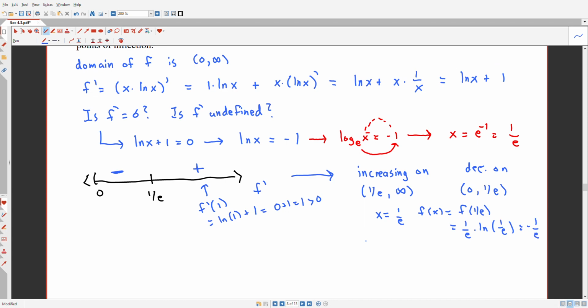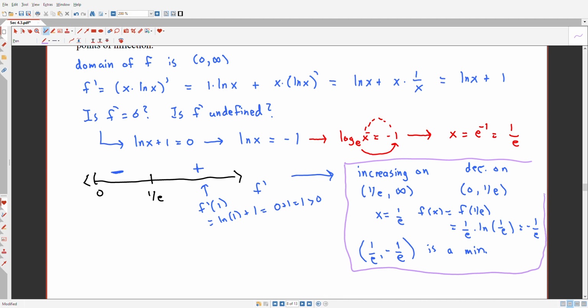And so we can say the point x equals 1 over e, comma, negative 1 over e is a minimum. This answers the first half of this question, about increasing, decreasing, and relative extremums.